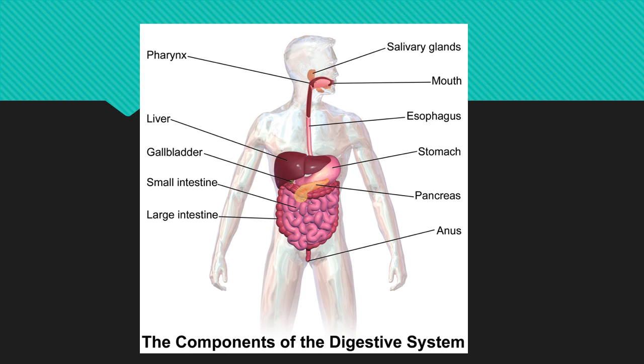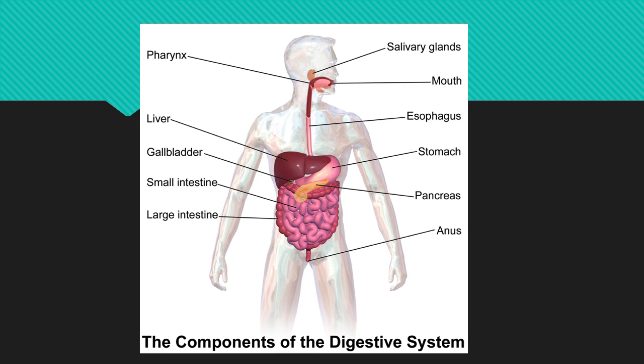Okay, so one thing I'd like to talk about while we're on this picture is if you're looking at them side by side, you might notice that the small intestine, if you stretched it out, would be a lot longer than the large intestine. So that brings me to the question, well, why in the world did they name it the small intestine? Well, those terms are actually referring to the diameter of the tube.